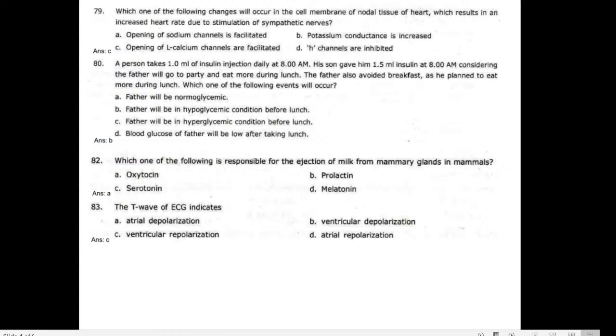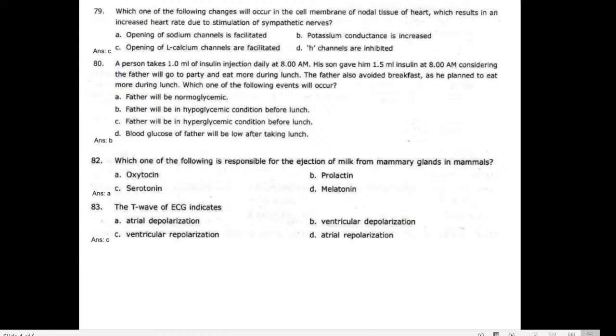The T wave represents the repolarization, and the QRS complex represents the depolarization. Ventricle depolarization means the QRS waves, and T is representing the repolarization.